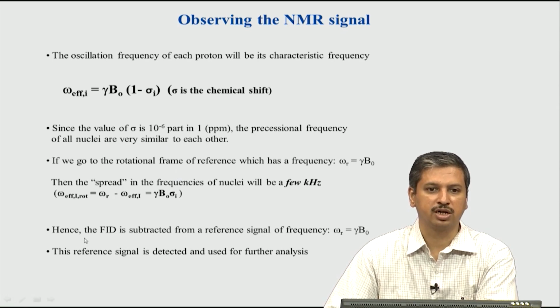That is what is written here. What we are doing is taking a reference signal with some frequency, omega equals gamma B0, and that reference frequency is subtracted from all the frequencies, and what you get finally are the subtracted frequencies.